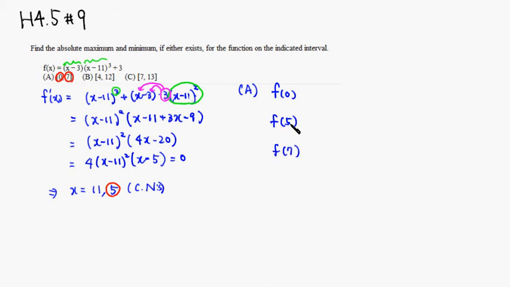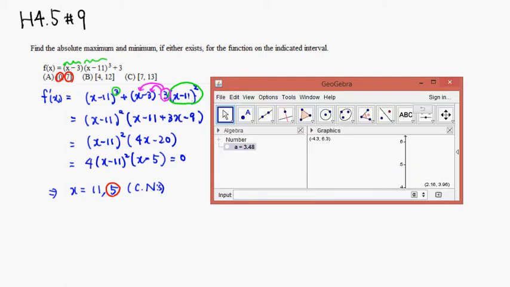If you plug in 0, it's going to be negative 3 times negative 11 cubed plus 3. Right? And I'm going to cheat a little bit. I'm going to bring out GeoGebra here to compute.